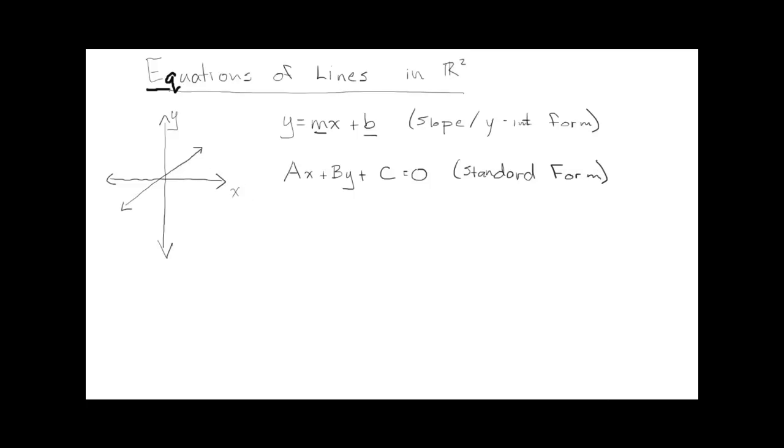And another form you might not be as familiar with, but sometimes we'll talk about, is what we call slope point form. So it's very similar to slope y-intercept form, where in slope y-intercept form you have the slope and the y-intercept, but in slope point form you're using the slope and just a general point.